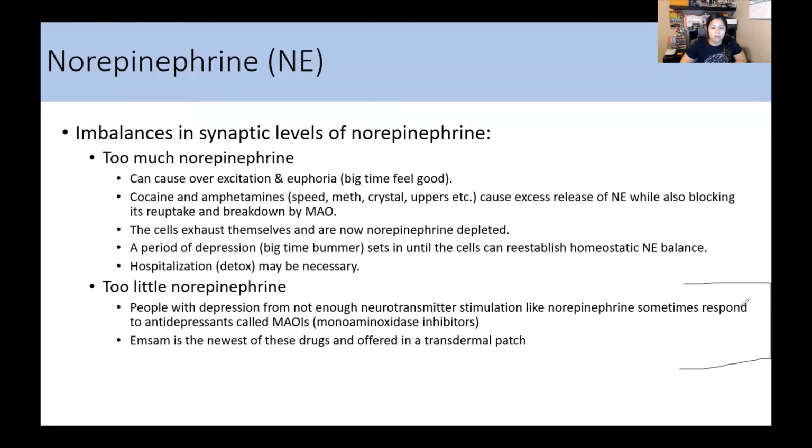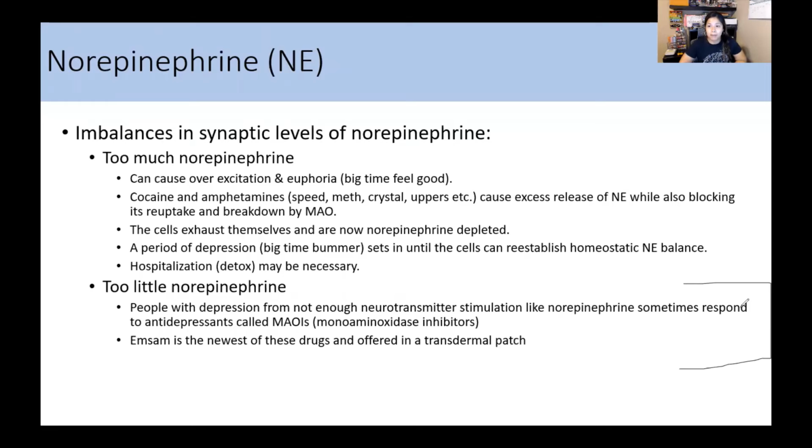What happens with people that have depression in the case of too little norepinephrine is that they don't have enough neurotransmitter stimulation, and basically you can't have that signal sent.